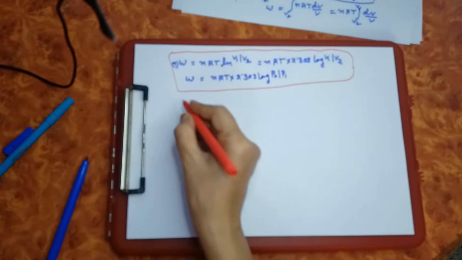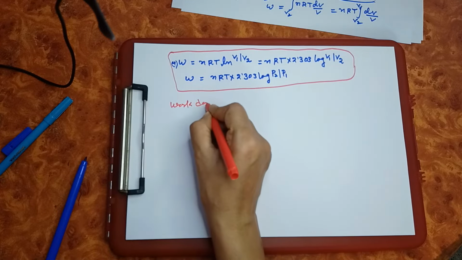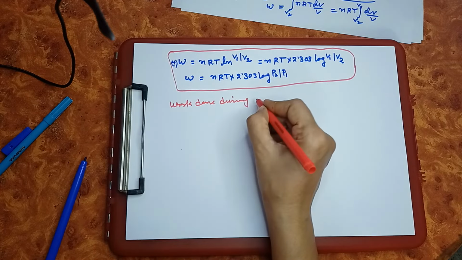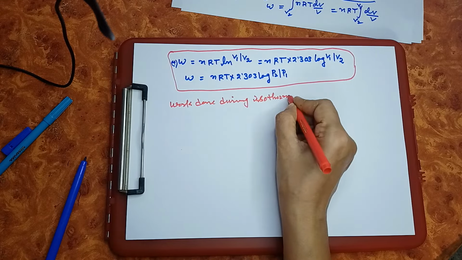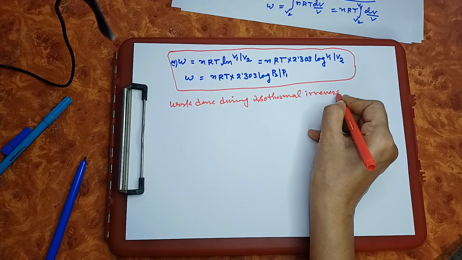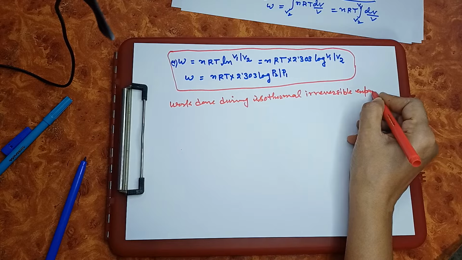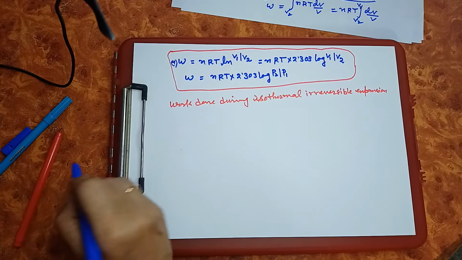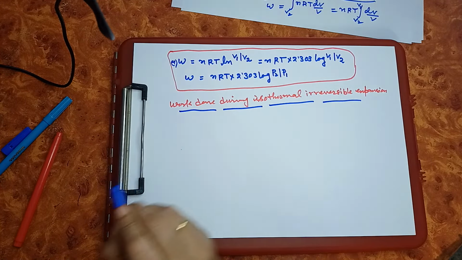Now next one is work done during isothermal irreversible expansion. In an irreversible process, the pressure is decreased suddenly by a large amount in one step.